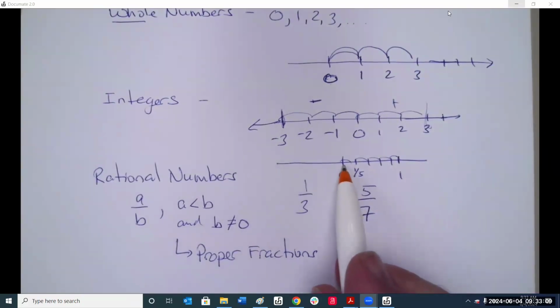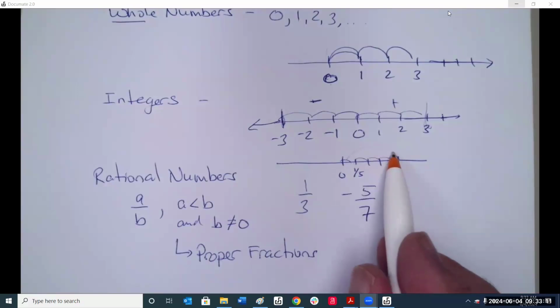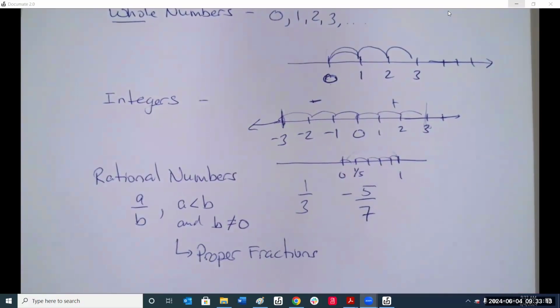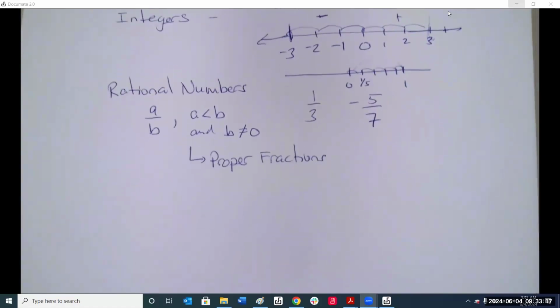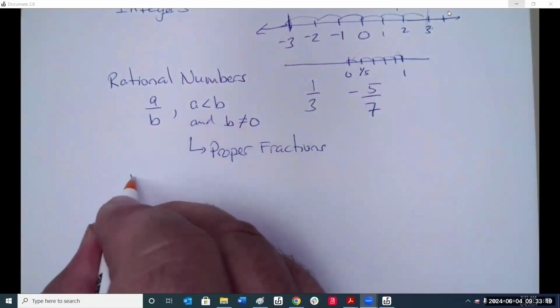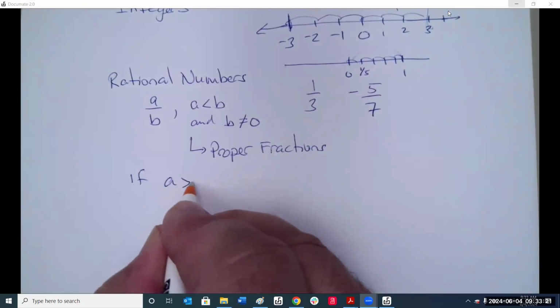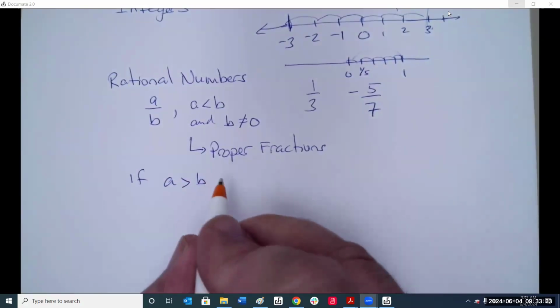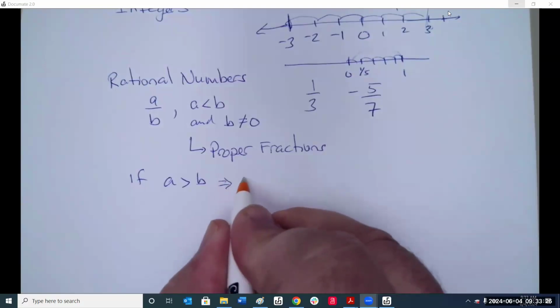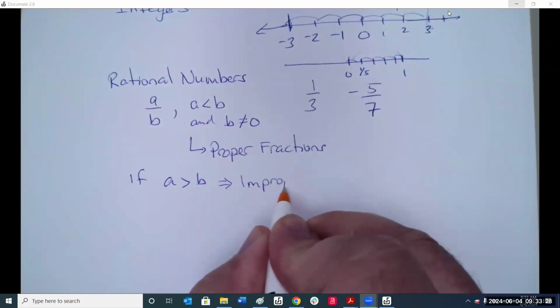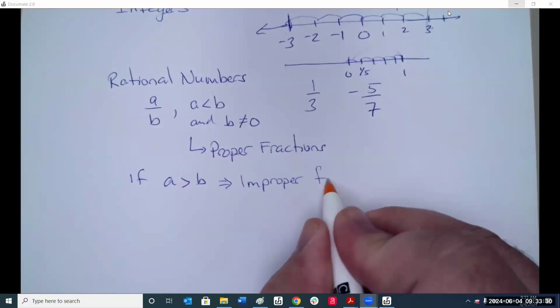Because they have to be smaller than the entire picture. If the top is bigger than the bottom, then we have what are called improper fractions.